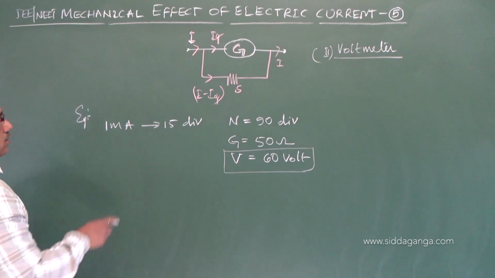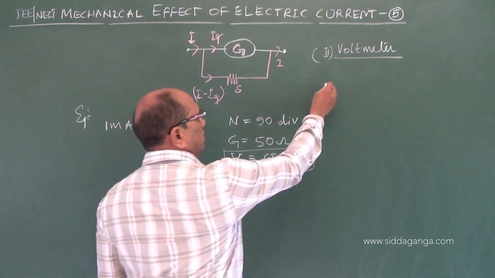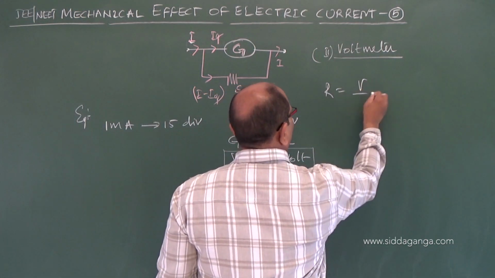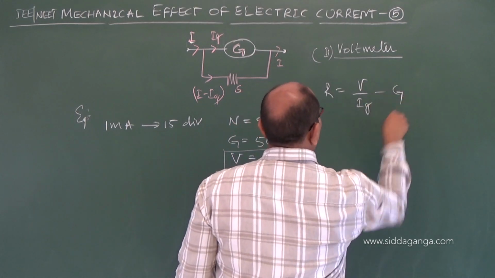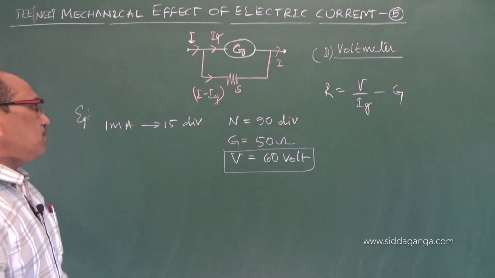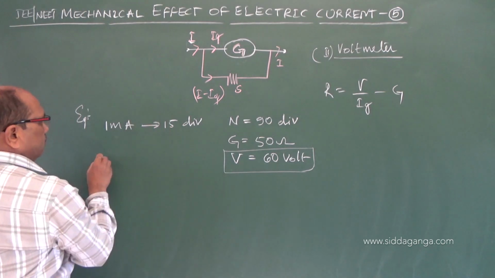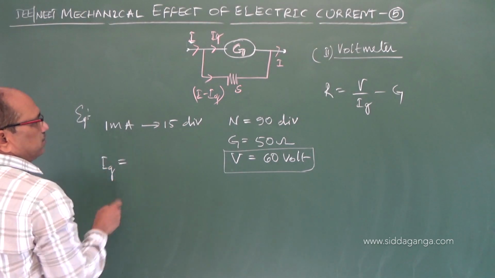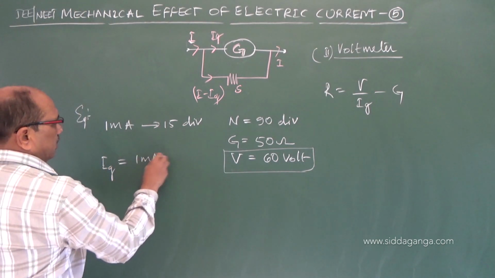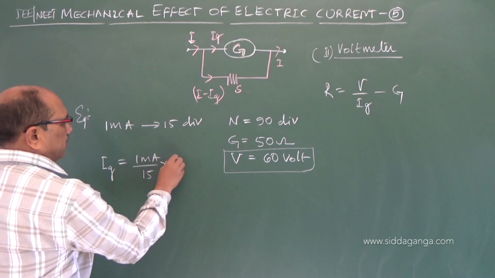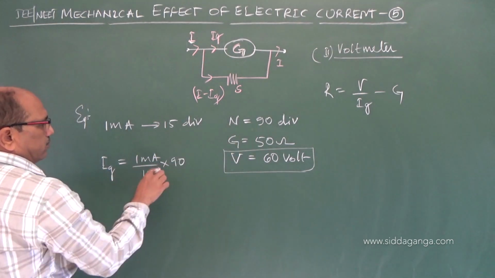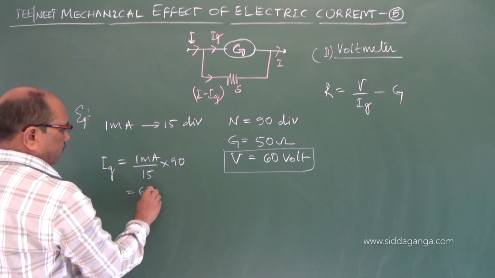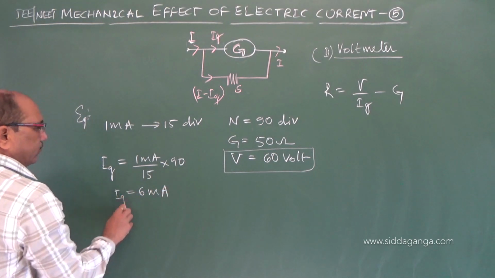We can use any relation, Vg given. Better we can go with V upon Ig minus G in this. Why I preferred it: here 1 milliamp is 15 divisions. Therefore, Ig may be estimated as 1 milliamp by 15 into 90 divisions. 90 by 15 is 6, so 6 milliampere is the Ig.